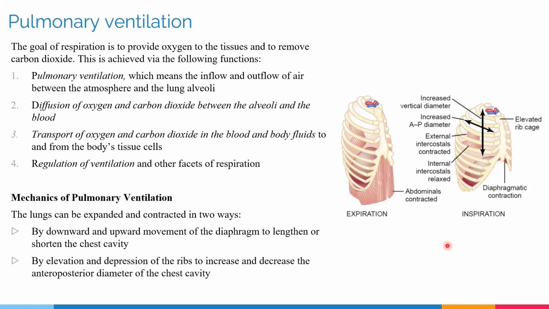In case of expiration, we see that the abdominal muscles contract and shorten the lungs, which are present right here. And this is what happens in case of expiration. But in case of inspiration, the diaphragm contracts, which is the muscle layer just beneath our lungs, and this causes the lungs to expand and thus pull air into it. We'll look into the mechanics of pulmonary ventilation in the next slide.